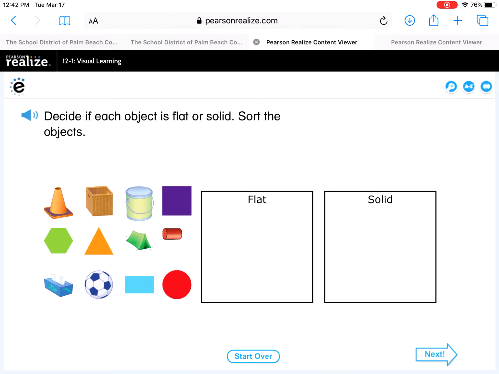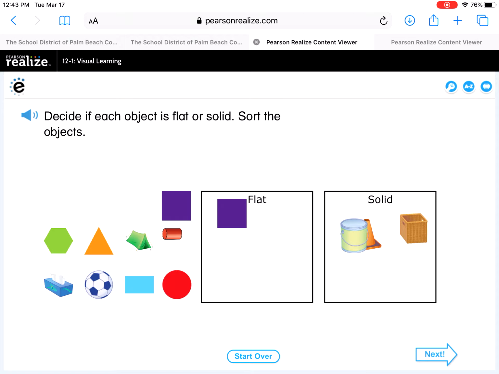So right here I have an orange cone, and that one will be solid. Right here I have a basket, and I can see the top of it, and I know that is a solid. Here I have a can, also known as a cylinder, also solid. Right here I have a square. I know that's flat because I can't see the top of the shape. I can't see the sides of the shape, so I'm going to put that in the flat.